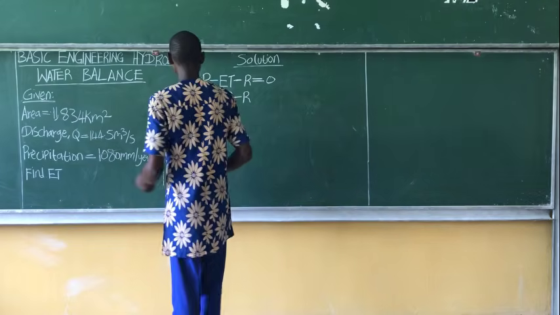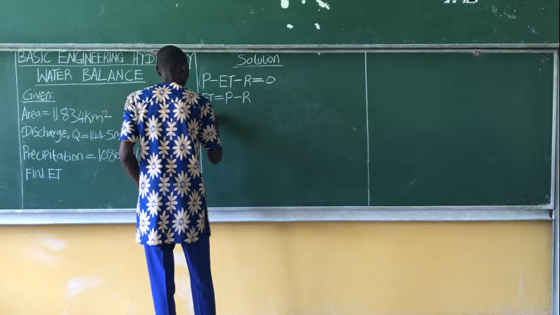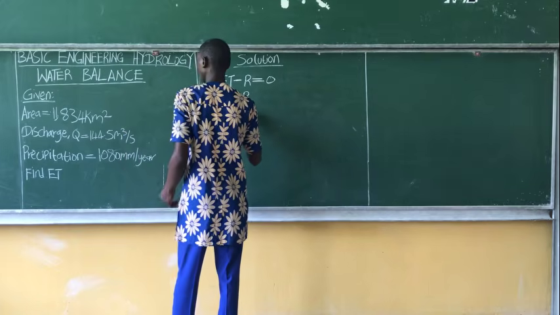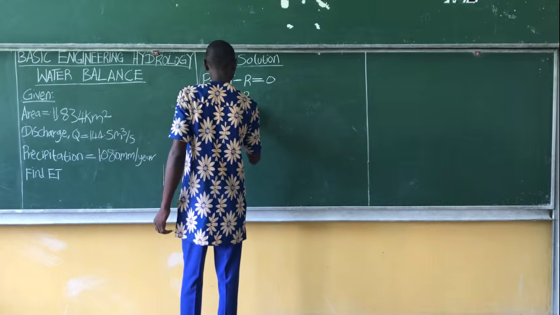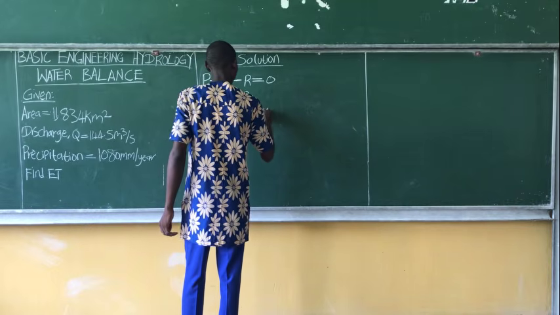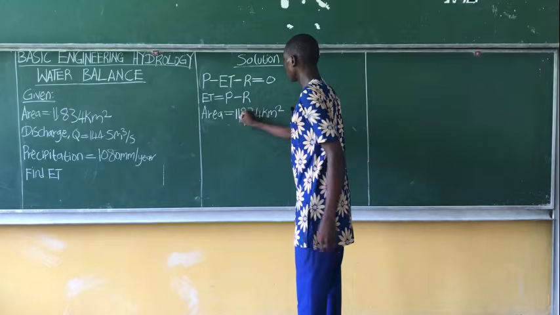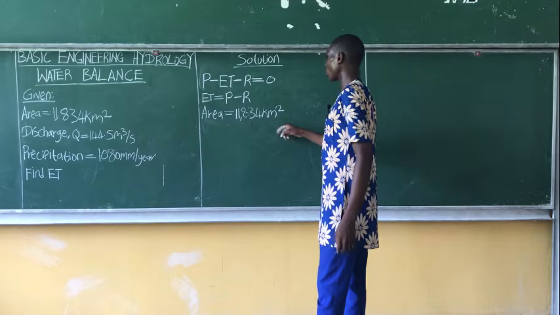Okay, so what do we know? We have our area to be equal to 11,834 kilometer square, and we know that 1,000 meters make 1 kilometer.